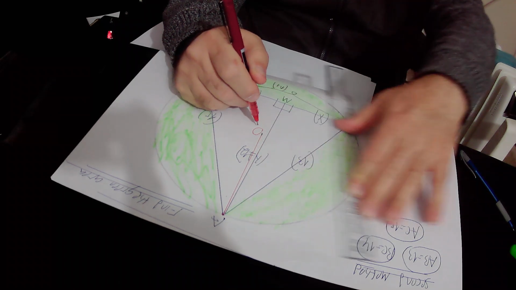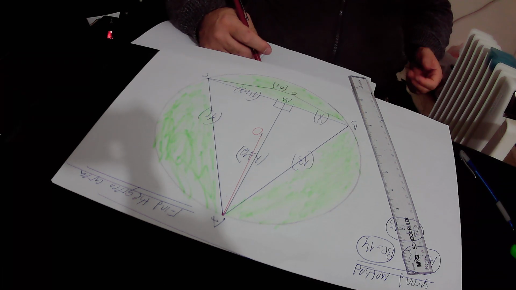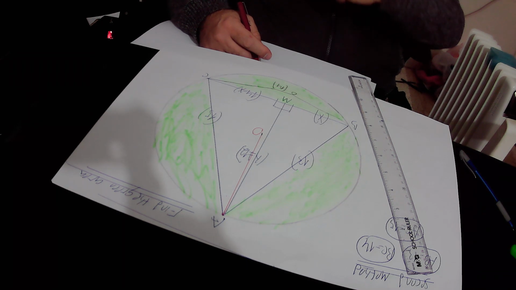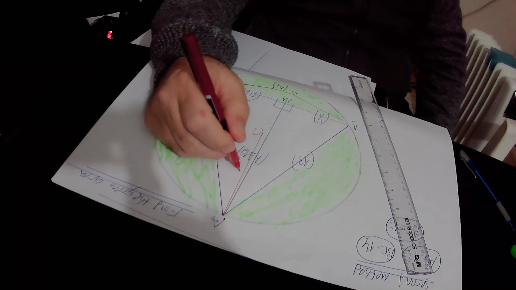Point O is the center of the circle, point A is a point on the circle itself. Therefore, OA is the radius of this circle. We'll define the radius of this circle as R, so OA equals R.